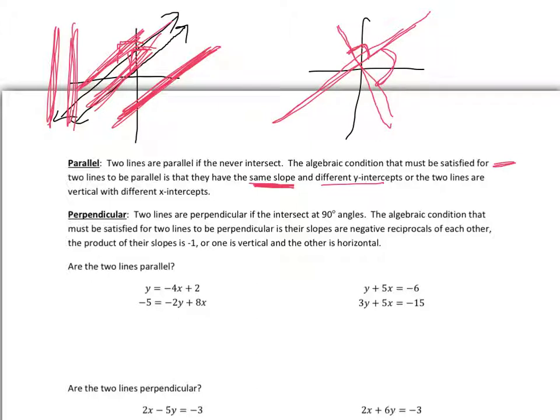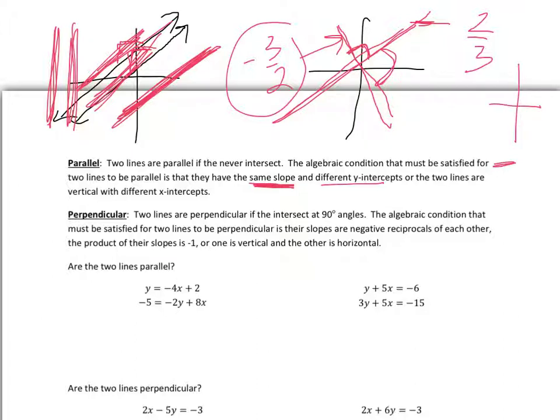So one could say they are negative reciprocals of each other. So let's say this has a slope of 2/3. This line right here that's perpendicular to it would have to have slope negative 3/2. That is, they're of opposite signs and they're reciprocals of one another. Or you could have a vertical line and a horizontal line, and that's going to work as well.